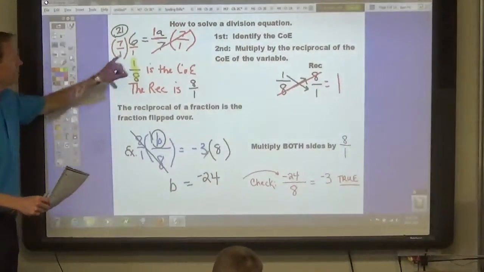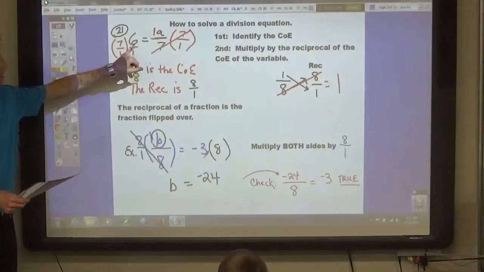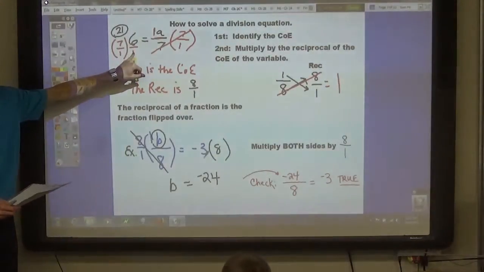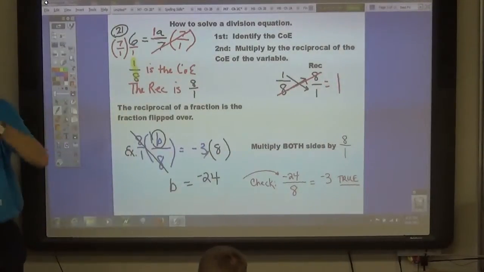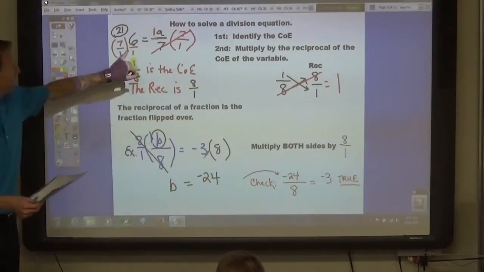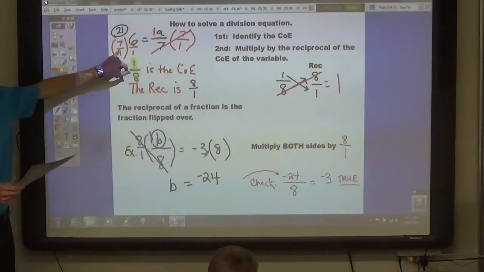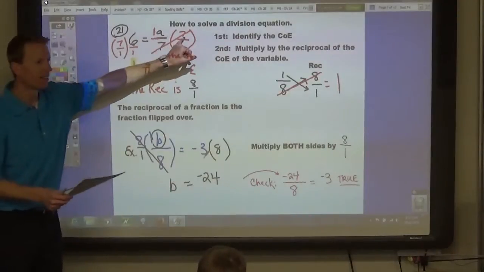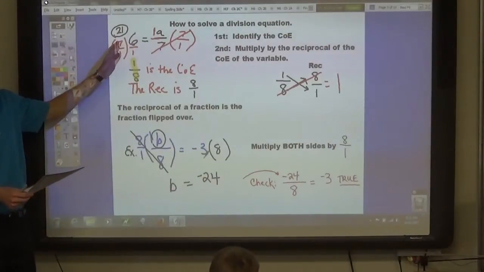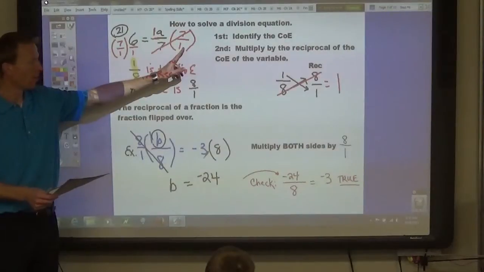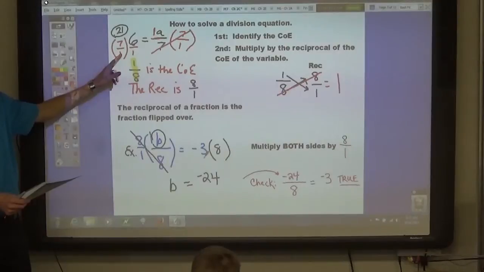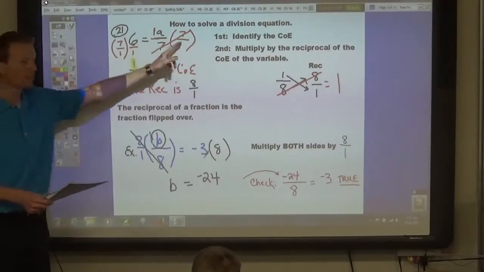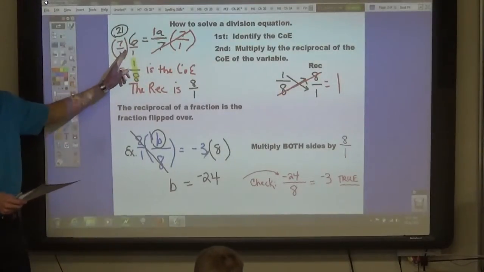Then go to the other side and put 6 over 1, because the whole number 6 is the same as 6 over 1. Stay with me. Come on. And then multiply by 7 over 1 on the left side. We multiply by 7 over 1 on the right side, so you have to multiply by 7 over 1 on the left side. Whatever you multiply on one side, you have to multiply by the same number on the other side.